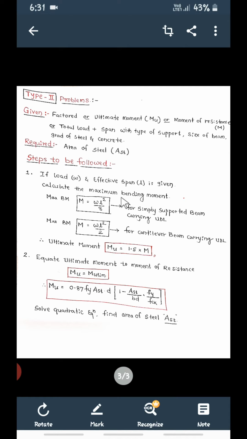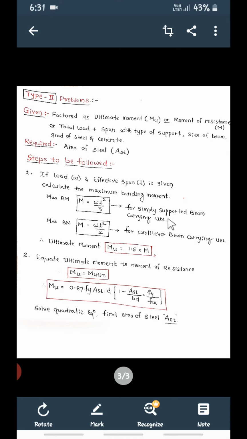Then we need to find the maximum bending moment. Maximum bending moment M is equal to WL square by 8. In the previous case we have seen this: M is equal to WL square by 8, for a simply supported beam carrying UDL. So read the problem.